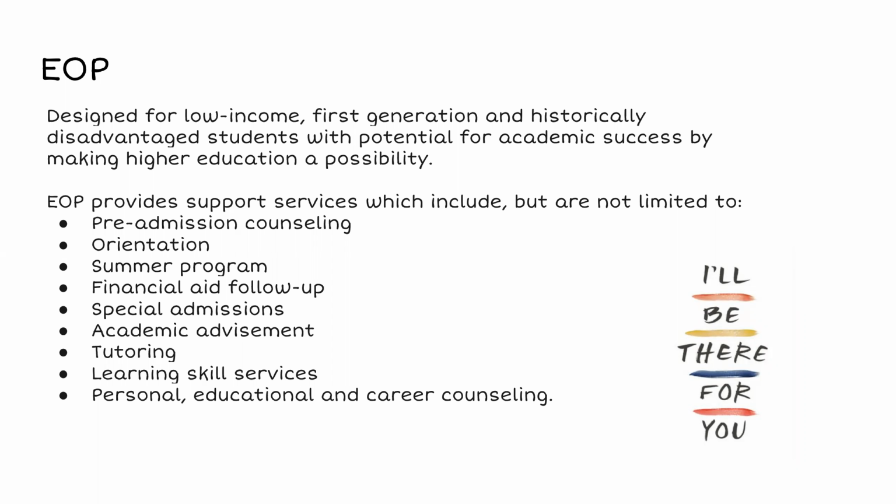You might receive a mentor to help guide you through college, pre-admission counseling, orientation help, specialized tutoring, academic advisement. Sometimes EOP students receive scholarships, which is really great. And then personal, educational, and career counseling.